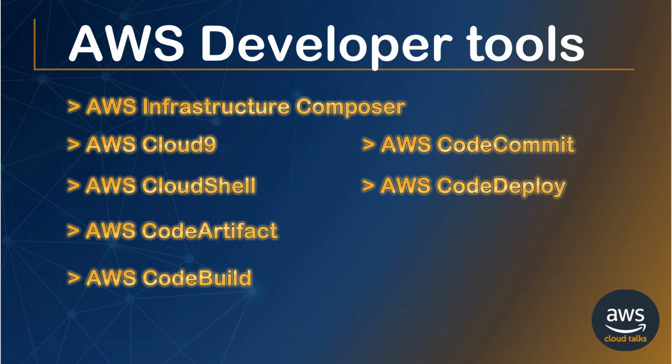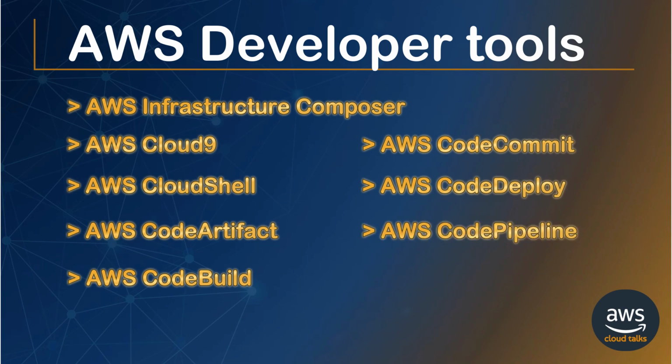You can use AWS CodeDeploy to automate software deployments, eliminating the need for error-prone manual operations. The service scales with your infrastructure, so you can easily deploy to one instance or thousands.